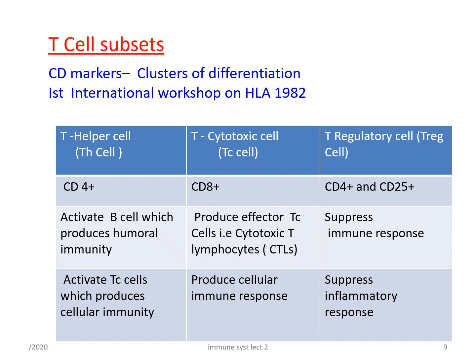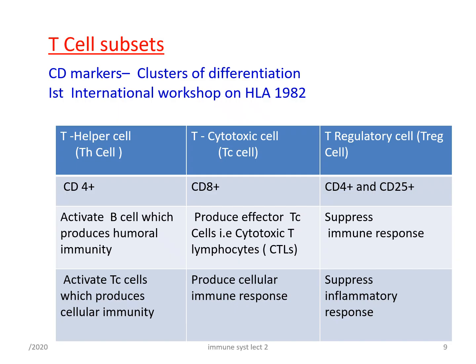T cytotoxic cells, also called TC cells, are CD8 positive lymphocytes of the T lymphocyte variety, and on activation they produce an effector TC cell, that is CTL, cytotoxic T lymphocytes.